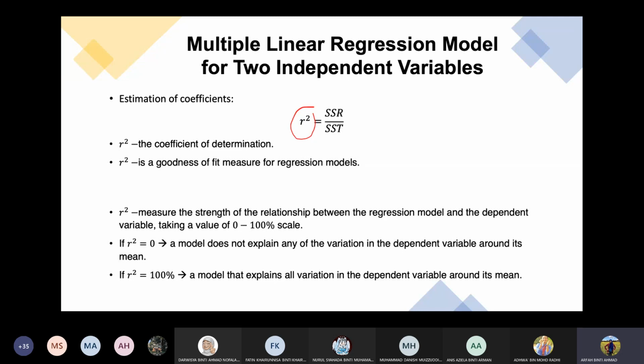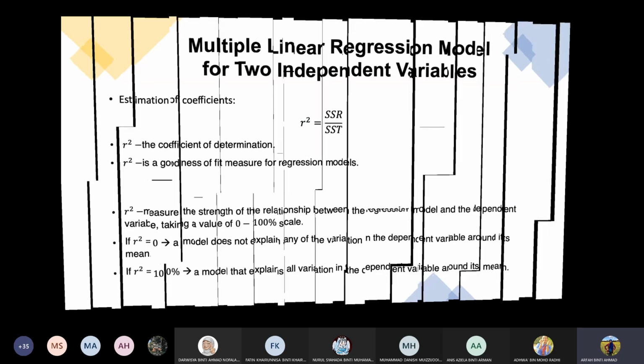So if R squared equals 100%, it states that a model explains all variation in the dependent variable around its mean. So bagus kalau nilai R squared tu almost 100% lah. This time it measures in percentage. That mean kalau hampir kepada 100, model tu memang tepat. Okay. The model fits the data perfectly.